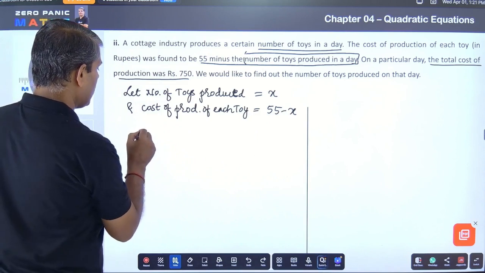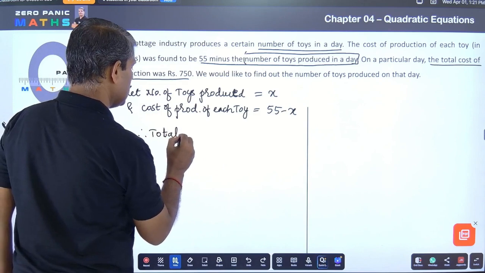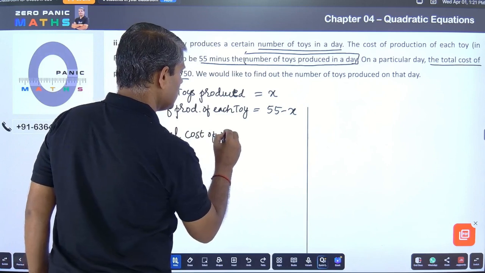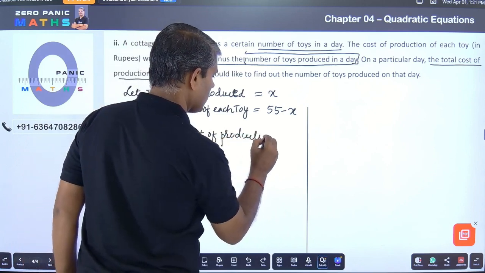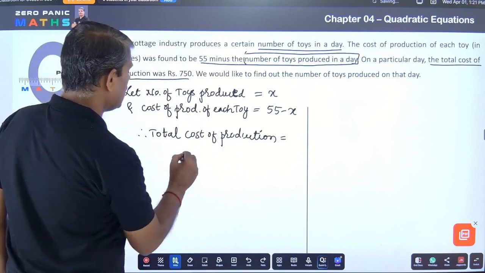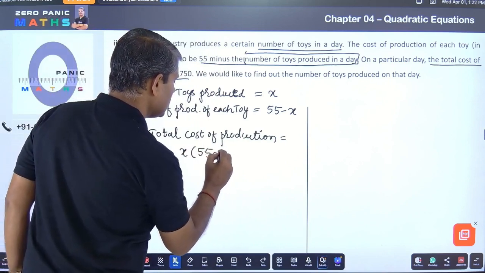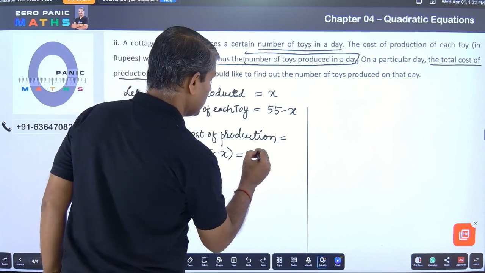Therefore total cost of production is equal to x into 55 minus x, and that is equal to what they have given, 750.